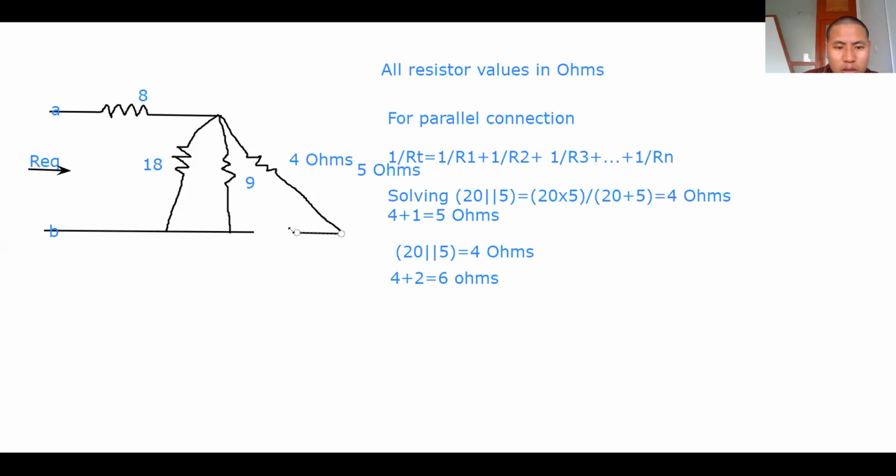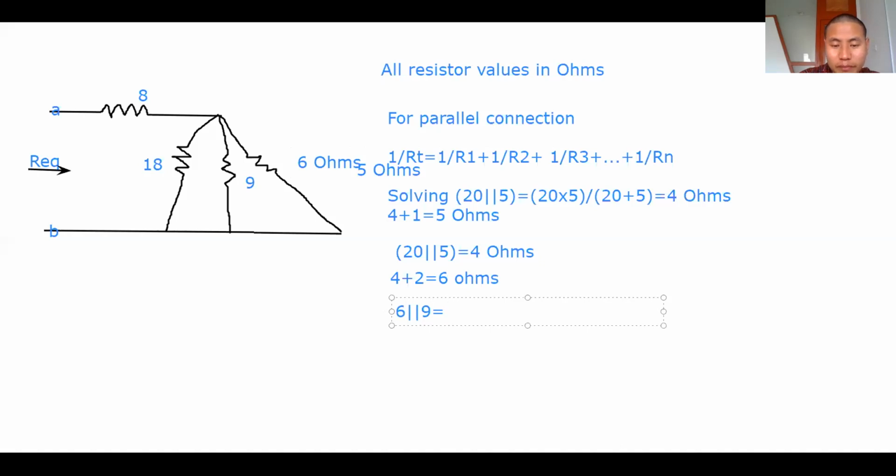Okay, connect it like this. Now here the equivalent resistor is 6 ohms, and that 6 ohms is connected in parallel with the 9 ohms.